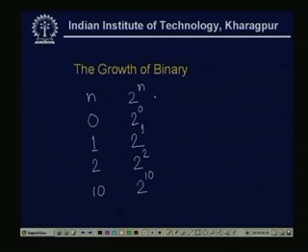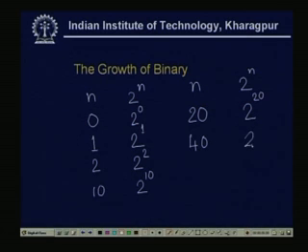If my n value is 20, then it should be 2 to the power 20. If it is 40, then it will be 2 to the power 40. Like that, the binary numbers will be growing.